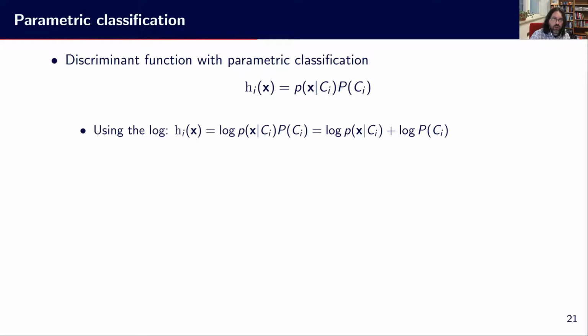And if we care only about the value of h in terms of comparison with the other h's for a given classification task, we apply the log on the likelihood and the prior. We got something like log of P of X given the class Ci, plus log of the prior.